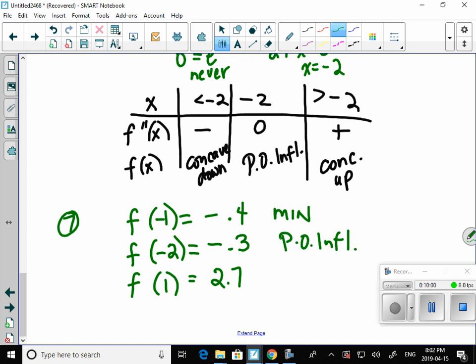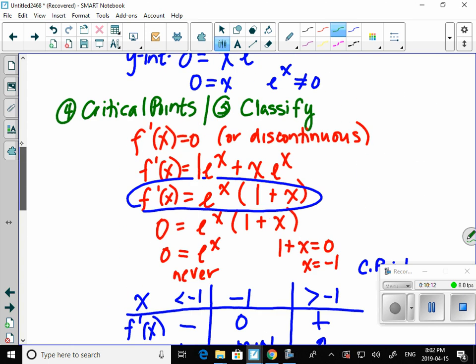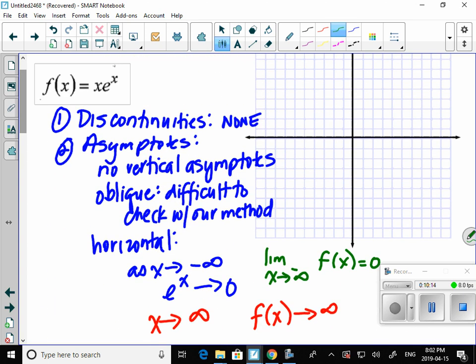So we have enough information here to draw an accurate curve. And so we're going to just put those points on as key points, and then be careful with our concavity. All right, here we go. We have an intercept of (0, 0). At -1, I have -0.4.